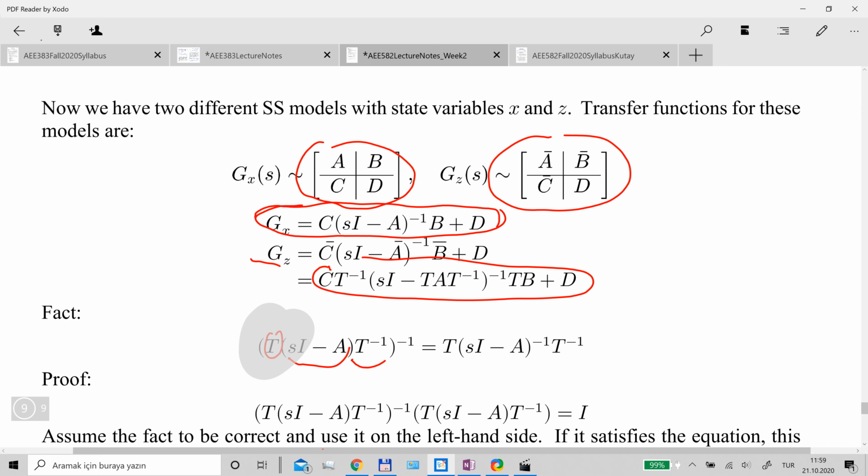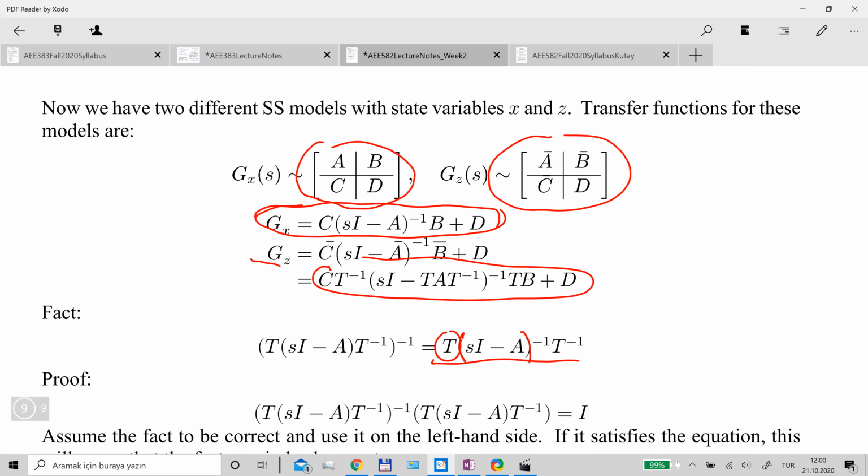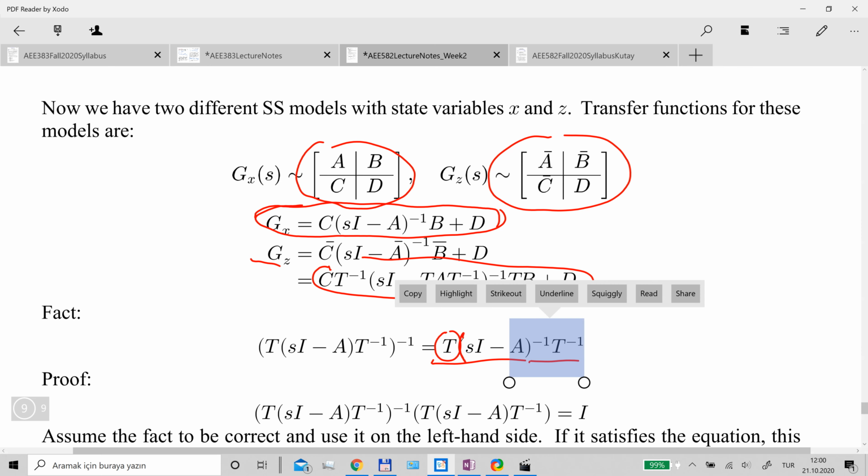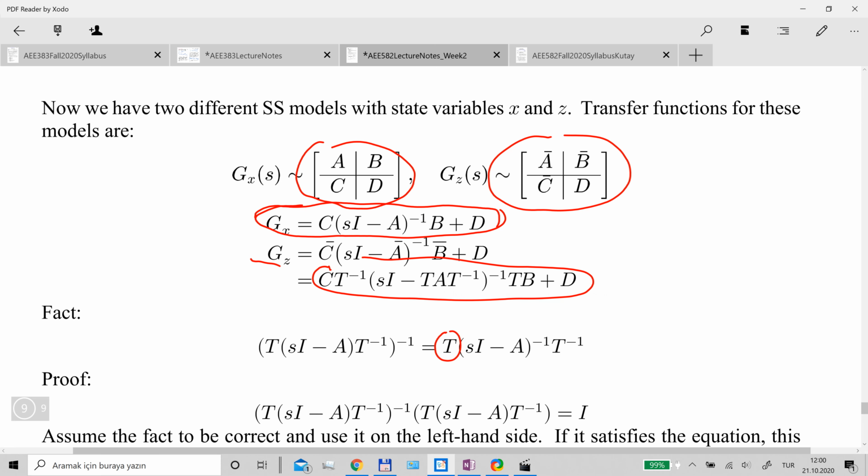And I'm saying that that is equal to this expression: T times the inverse of this middle matrix, (sI minus A) inverse, and then you multiply it with T inverse. And I can prove that this is in fact true. So this is how you can show that this fact is correct.